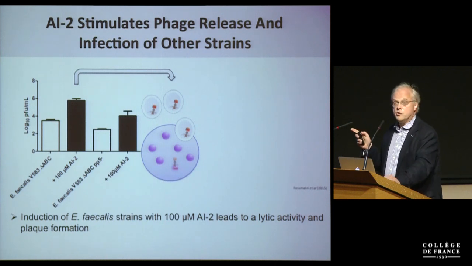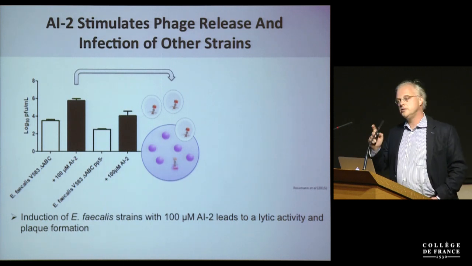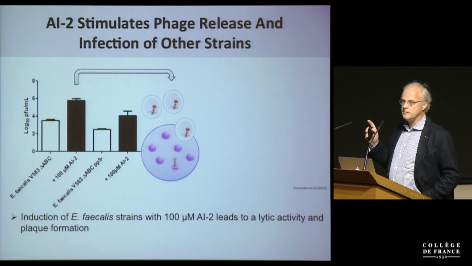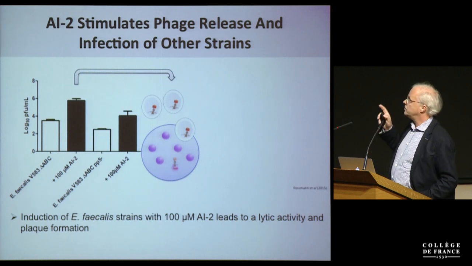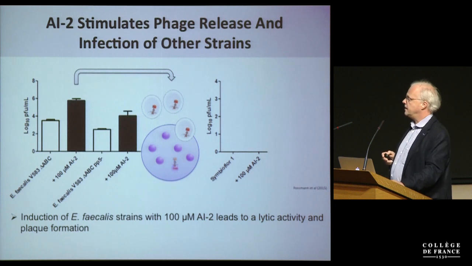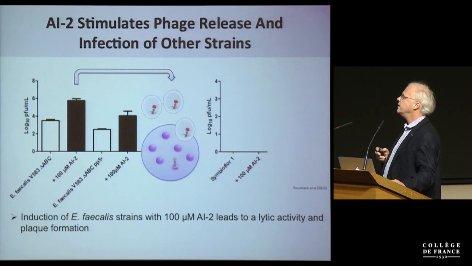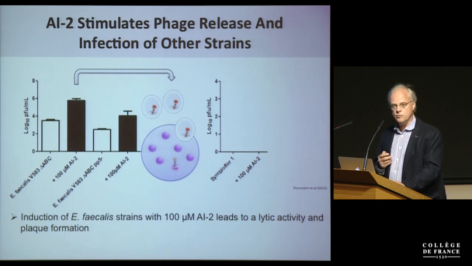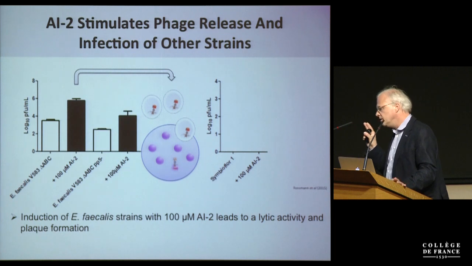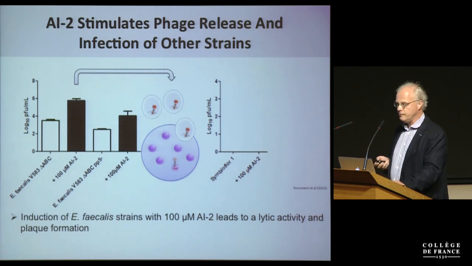And from the growth that had these prophages, we purified the phages, we filtered them, and then we used these filtered phages and infected another Enterococcus strain, in this case, a probiotic Enterococcus faecalis strain that's known to contain no prophages. Well, not completely none, but no mobilizable prophages.